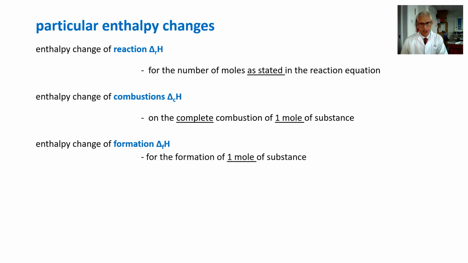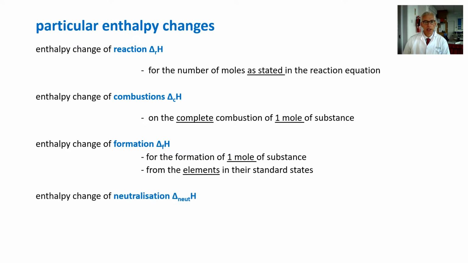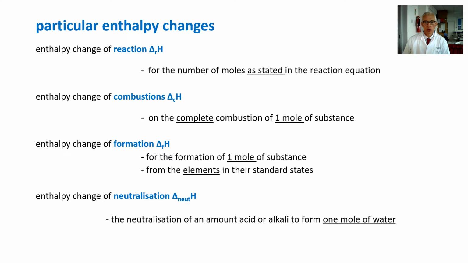Now this is the enthalpy change for the formation of 1 mole of substance, but from its elements in their standard states. And then the fourth enthalpy change which you are to know is enthalpy change of neutralization, delta N H, a bit clumsy, but that's the way it's presented. So this is for the neutralization of an amount of acid or alkali to form 1 mole of water. So it's a per mole of water enthalpy change.